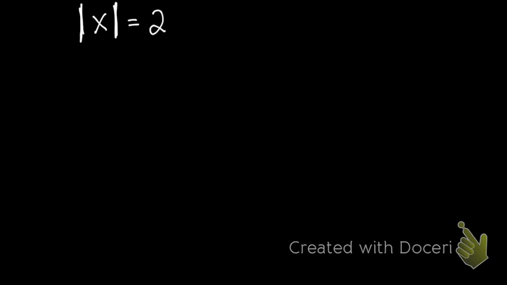What's X? Thumbs, thumbs, thumbs. What's X? Damien. 2. Sorry, I just moved something. So you said X is 2.